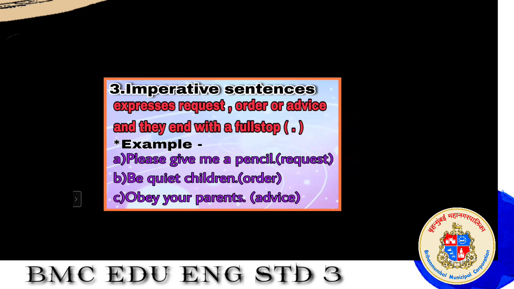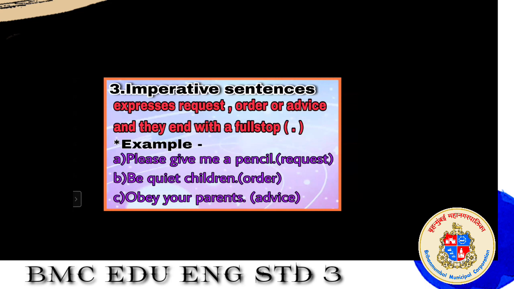Sometimes we request, sometimes we order, or sometimes we give advice. So these sentences are called imperative types of sentences. Okay, for example: Please give me a pencil, as I am requesting you all. So this is an imperative sentence.